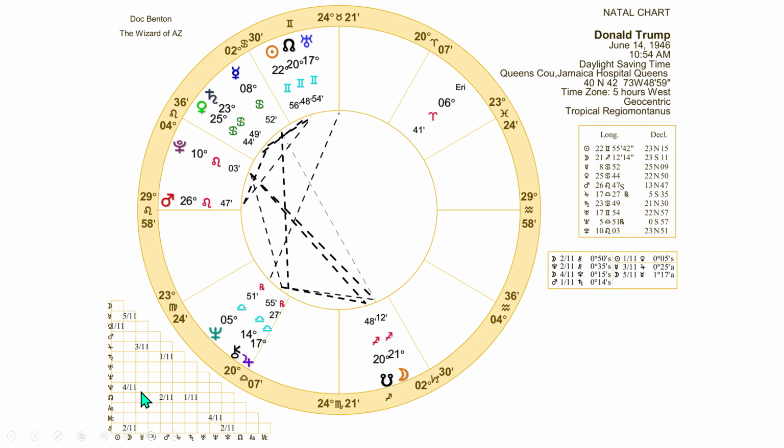They're just sort of categorized by the 4/11s, 3/11s, 5/11s, 2/11s, and 1/11 angles. With so many 11 harmonic angles in his natal chart, his 11 harmonic is going to get activated. And we'll take a look at that in part 3 of this series.